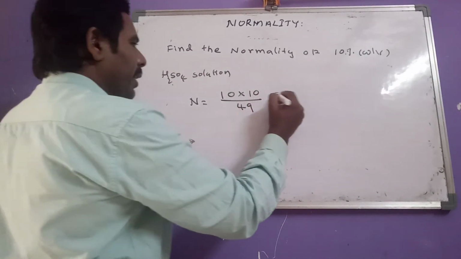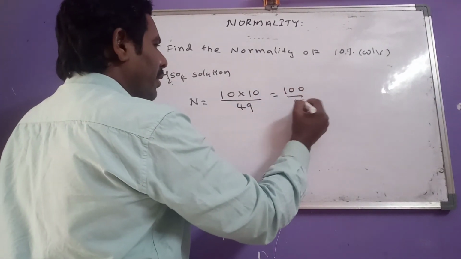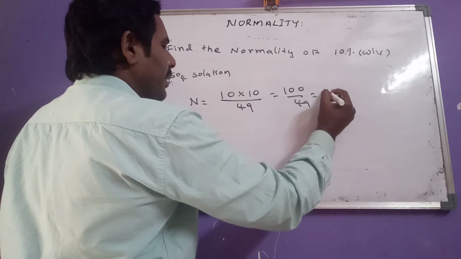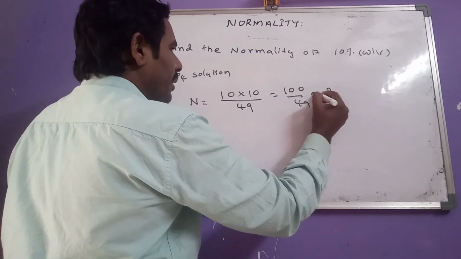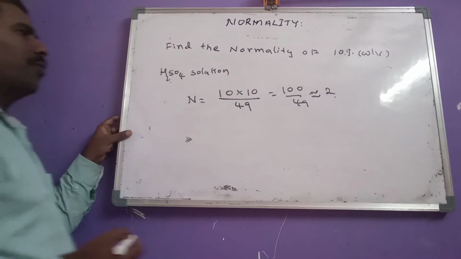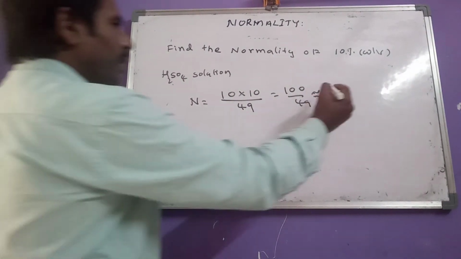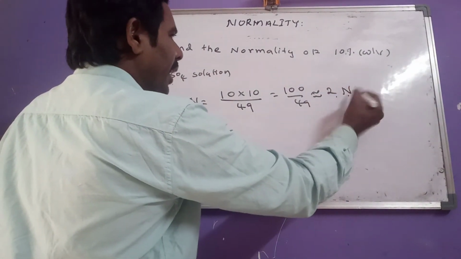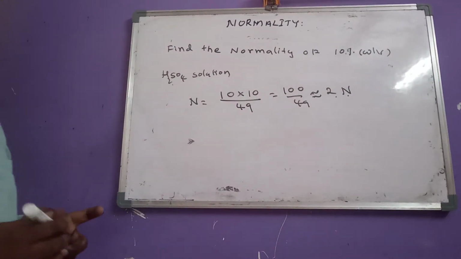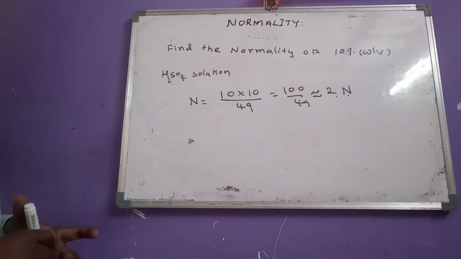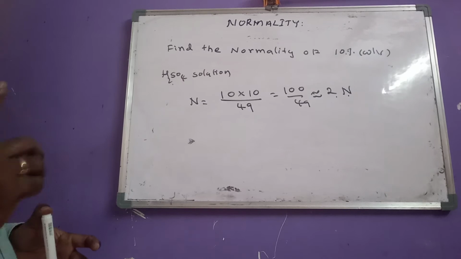Now we get 100 by 49, which is approximately equal to 2. What are the units here? N. 2N means 2 gram equivalents per liter.